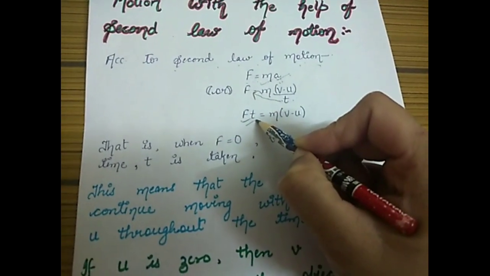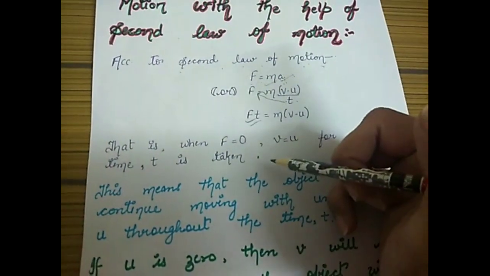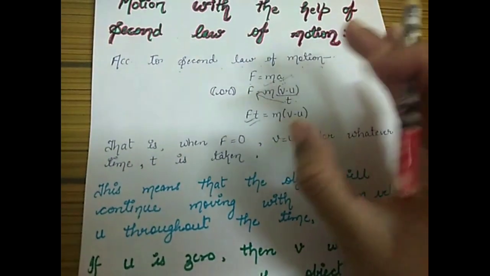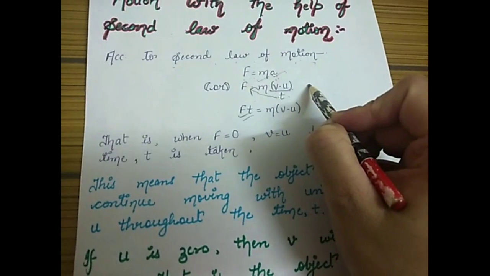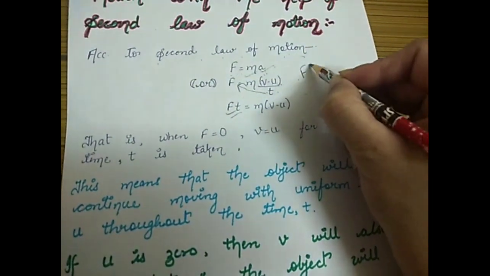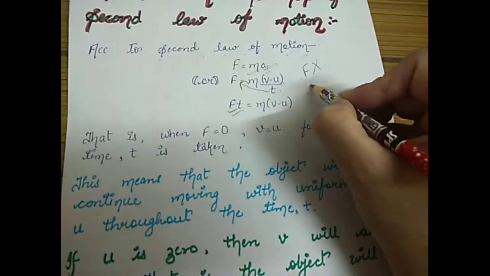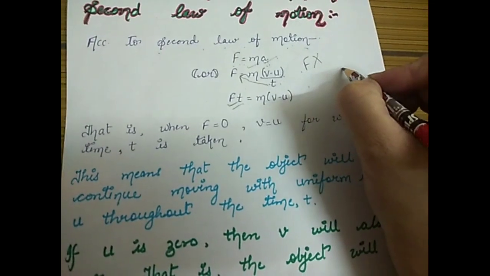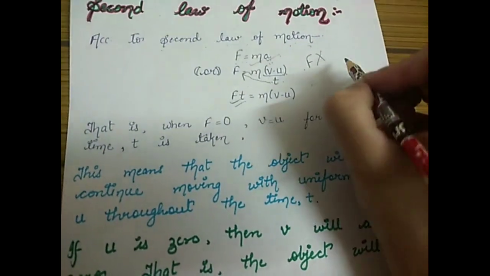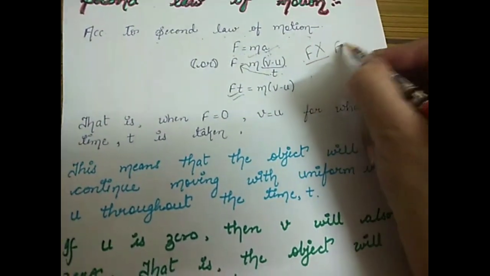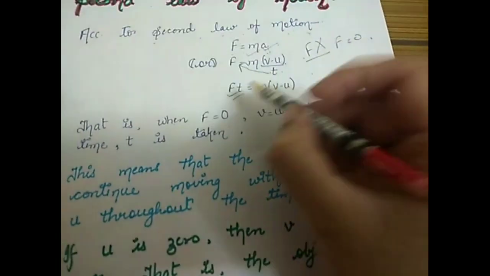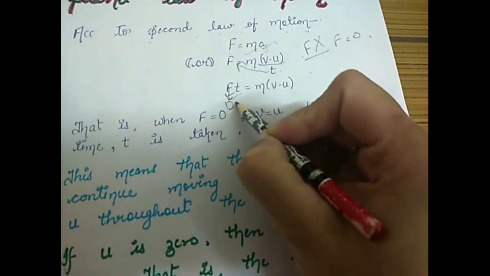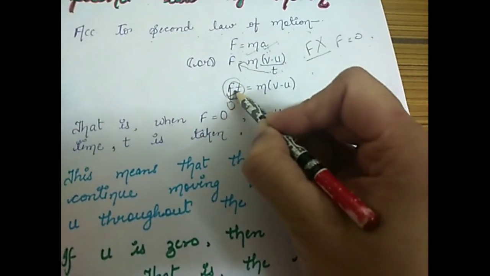Now there are two conditions. First, what was Newton's first law of motion? If there is no force, then the body will remain at rest or the body will remain in motion. When there is no force, the force will be 0. So when force is 0, this quantity will be 0.